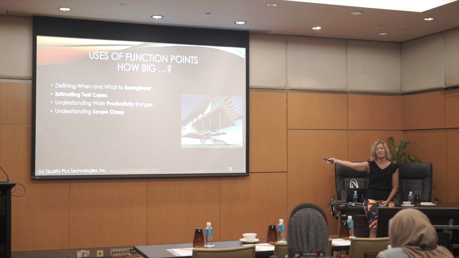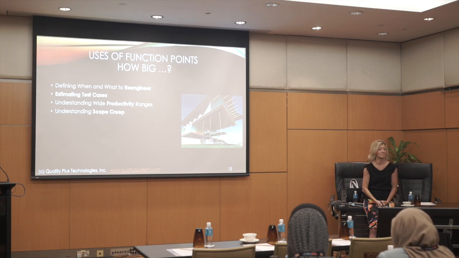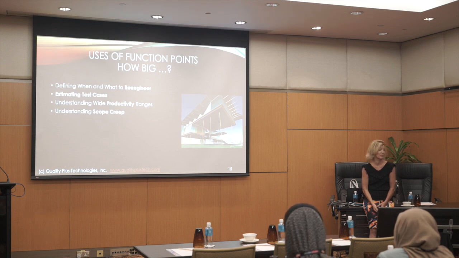So my 200 function points is actually going to be 200 times 1.27. It's going to grow by 27%, so it's going to be closer to 250 function points by the time that project's finished. That's an important number to notice.